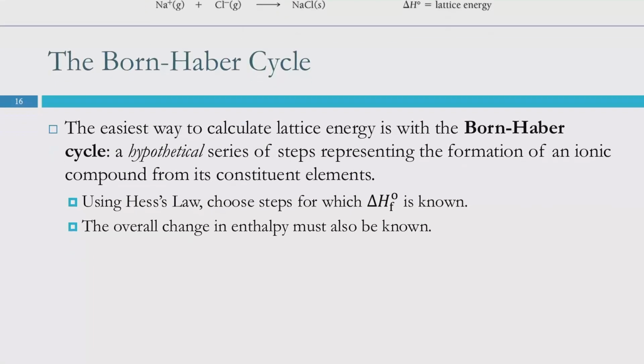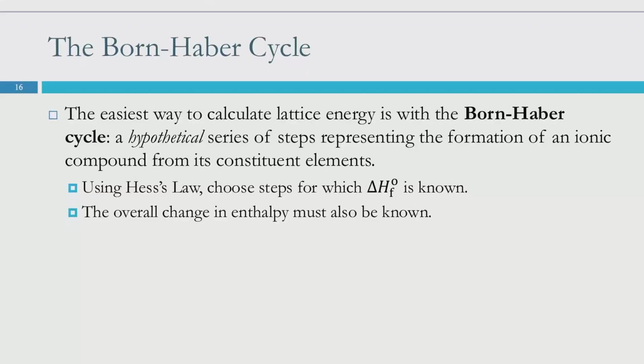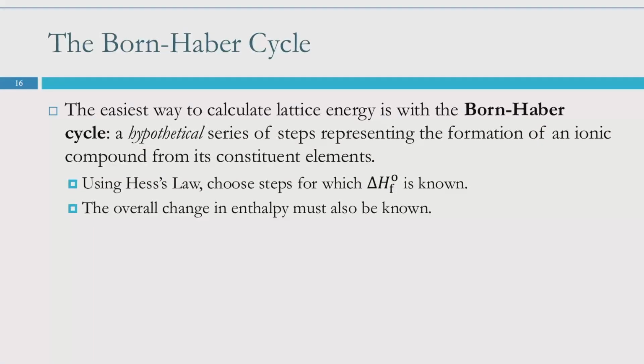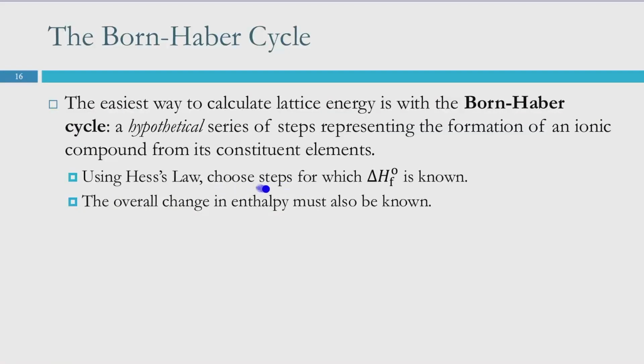We can do a Born-Haber cycle. This is sort of like Hess's law stuff. It's a hypothetical series of steps that represents forming the ionic compound from its constituent elements. So we can use some Hess's law stuff. We have to choose steps for which the standard heat of formation is known, and the overall change in enthalpy must also be known. The Born-Haber cycle is used to calculate lattice energy.